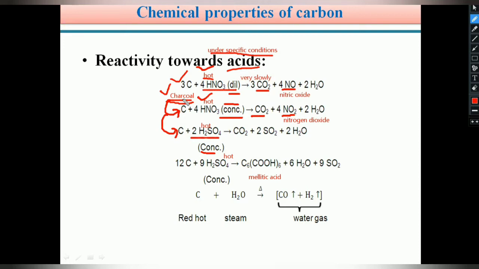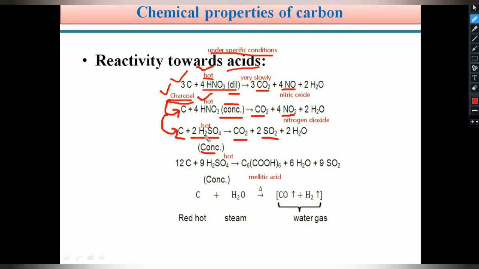Whenever the charcoal form of carbon is treated with hot concentrated sulfuric acid at high temperature, similar to concentrated HNO3, it forms carbon dioxide and sulfur dioxide, SO2. CO2 plus SO2 is evolved when we treat carbon with hot concentrated H2SO4.